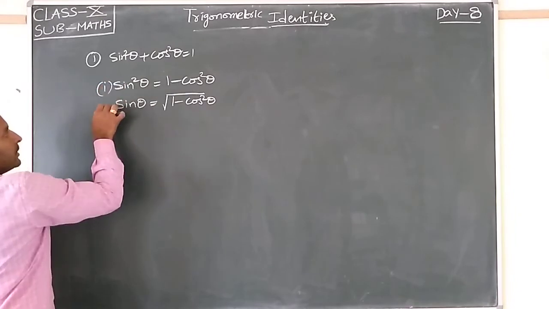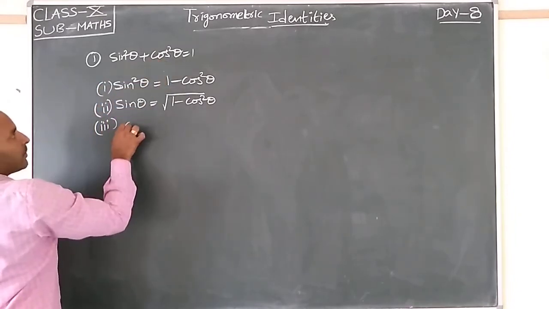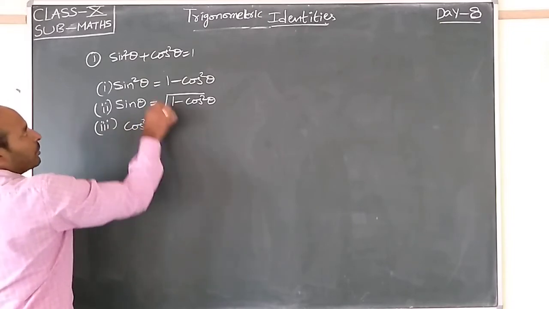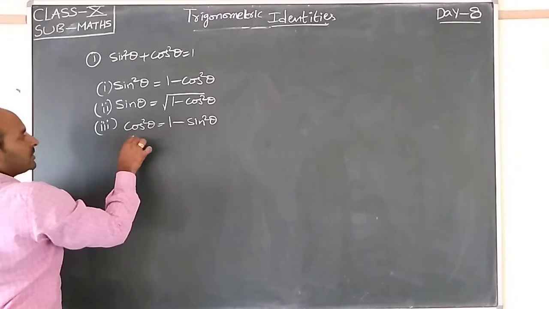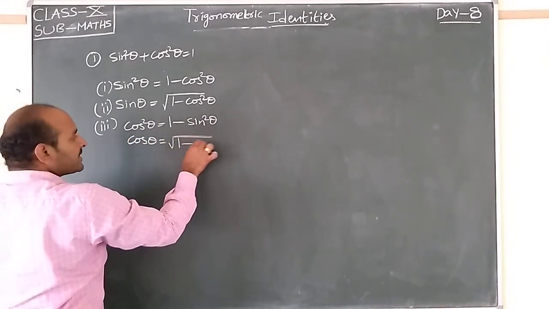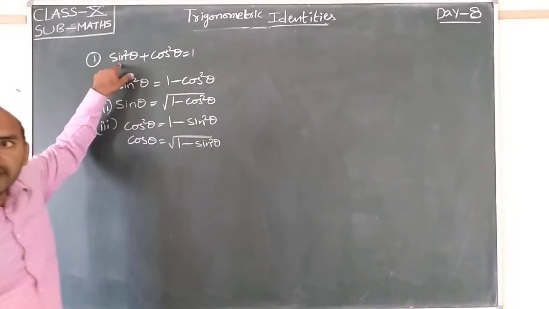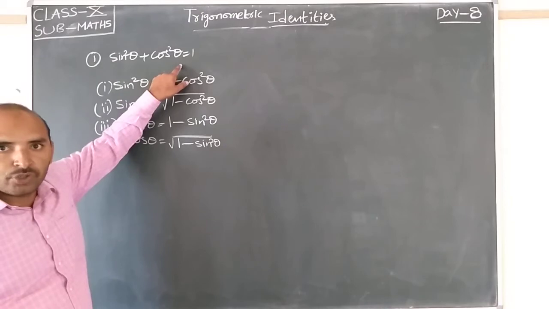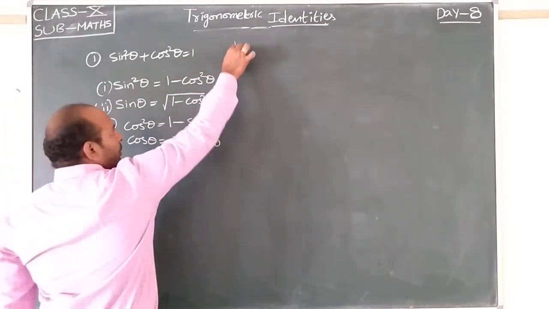Remember, third, cos square theta is equal to 1 minus sin square theta, and cos theta is equal to the square root of 1 minus sin square theta also. So from the first identity, sin square theta plus cos square theta is equal to 1, we can simplify these 3 subjects.